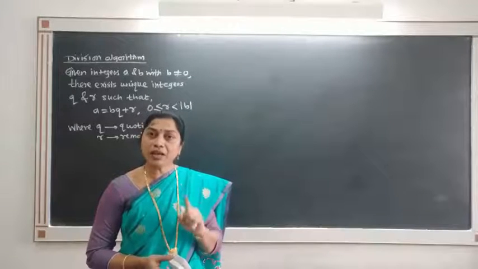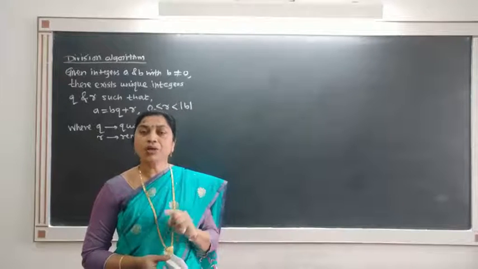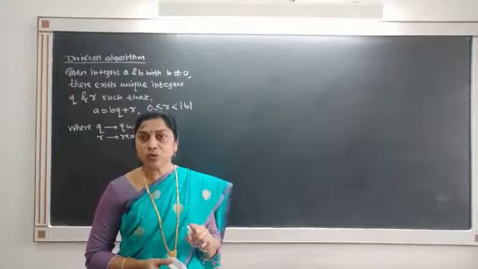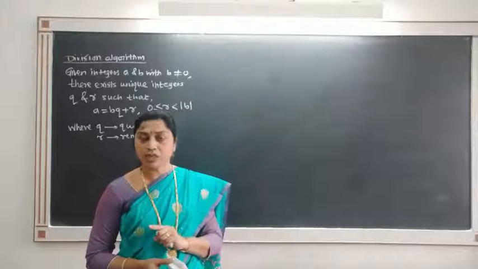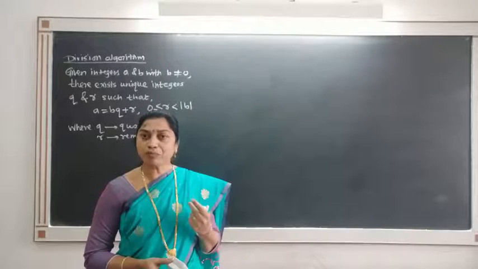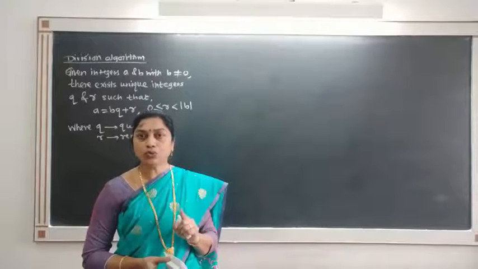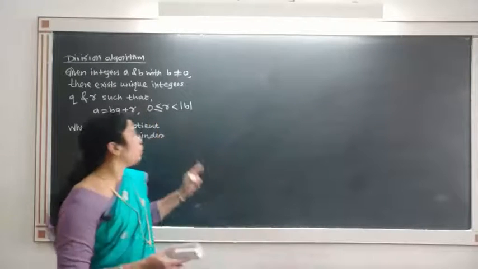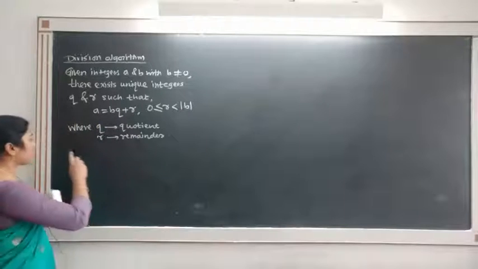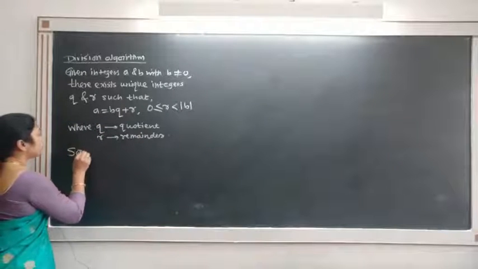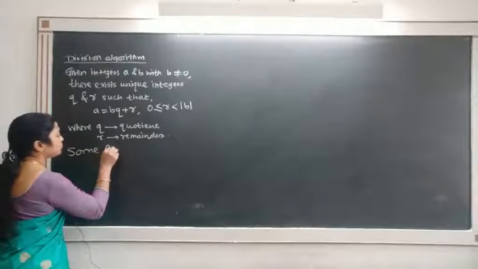If you divide by 3, the remainder will be either 0, 1 or 2, and so on. Dividing by 4, the remainder will be either 0, 1, 2 or 3. So we know the division algorithm. Today we are going to see some applications of this division algorithm.